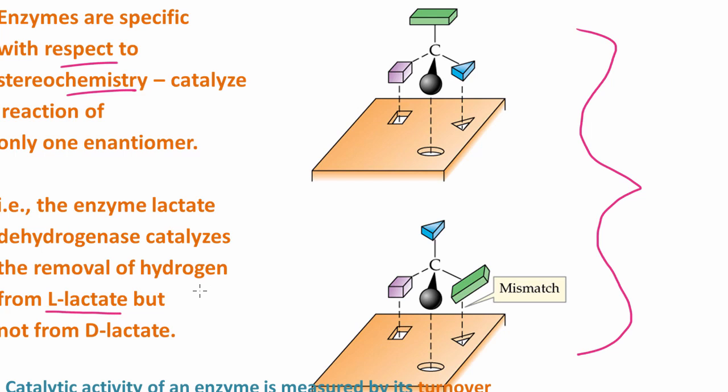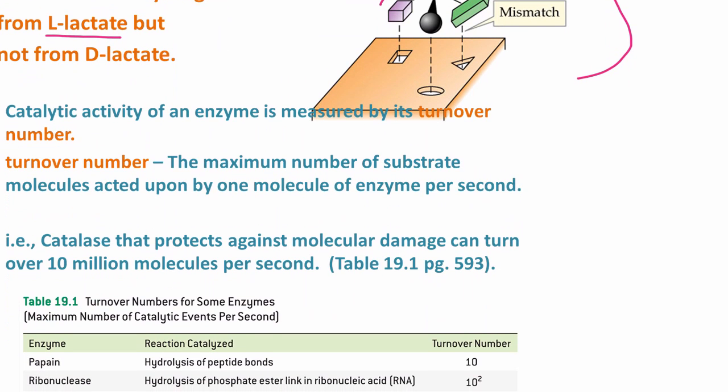Okay, but it will not remove the hydrogen from D-lactate. So in other words, this active site is very specific for the L isomer. The L isomer will fit into the active site, whereas the D isomer will not, and therefore no reaction will take place.